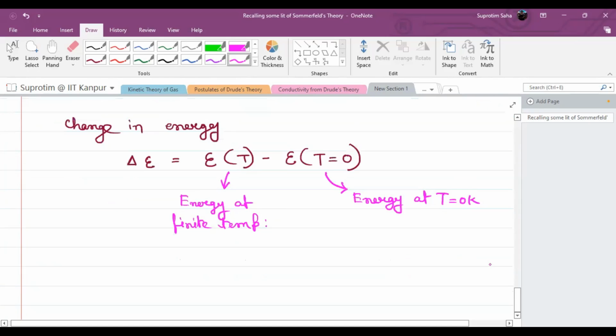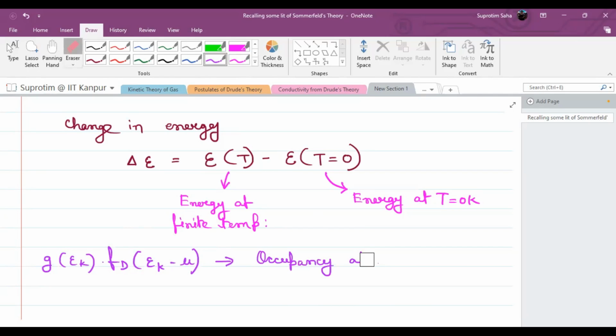So we have to make use of the different things that we learned in the Sommerfeld model. Our g of Ek times Fermi-Dirac of Ek minus mu was the occupancy of states at Ek.